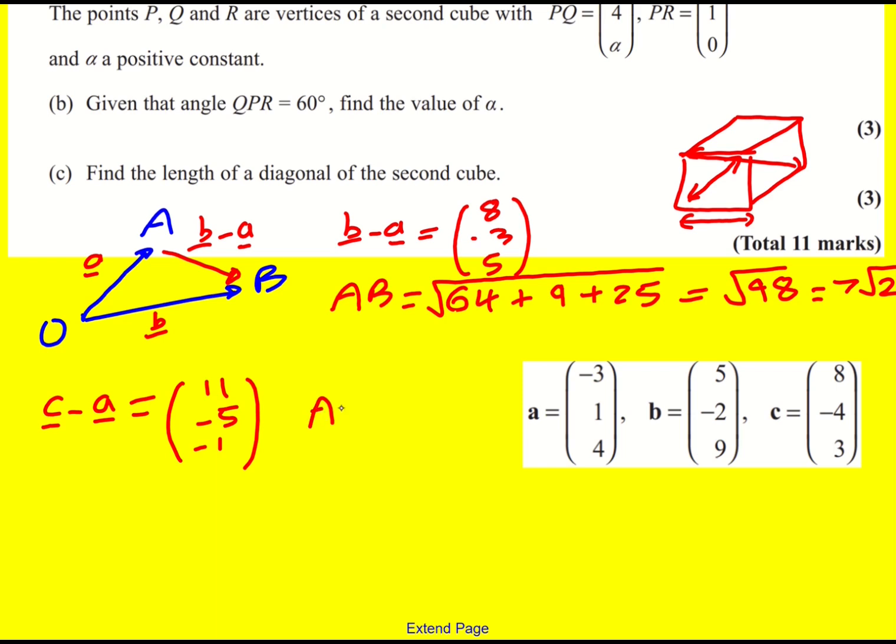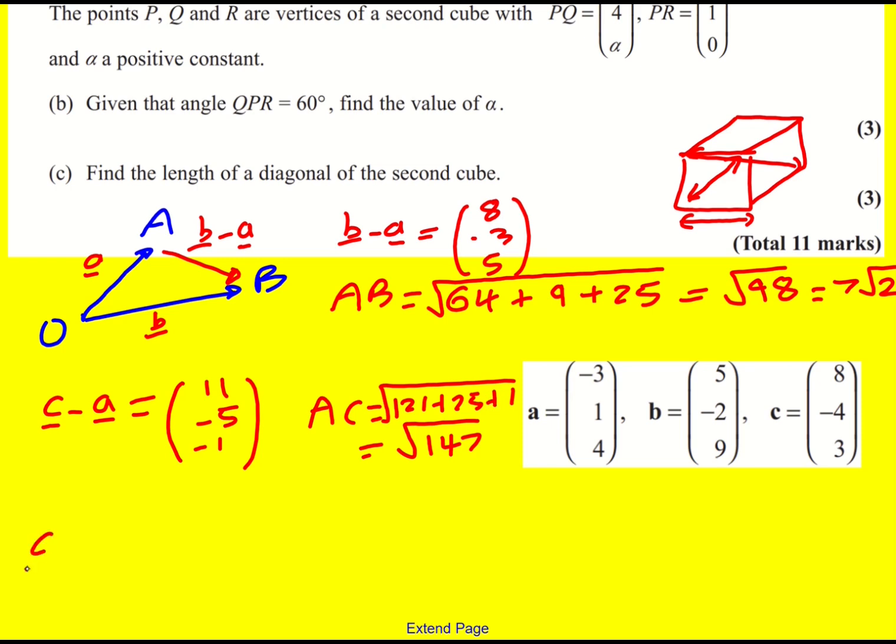So therefore AC is going to equal 121 plus 25 plus 1 square rooted. That is 26 plus 121, 147 square rooted. In fact, 3 goes into this because 3 goes into 1 plus 4 plus 7, but 9 doesn't. I think I'll just leave it like that for the moment.